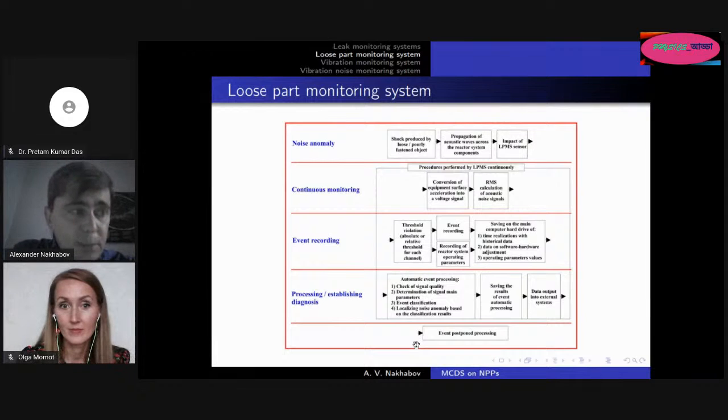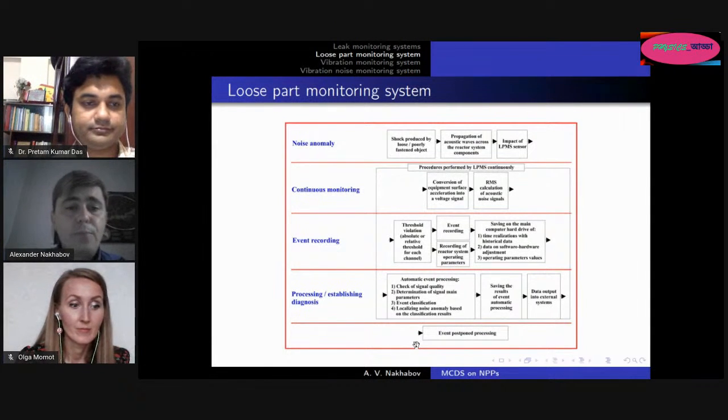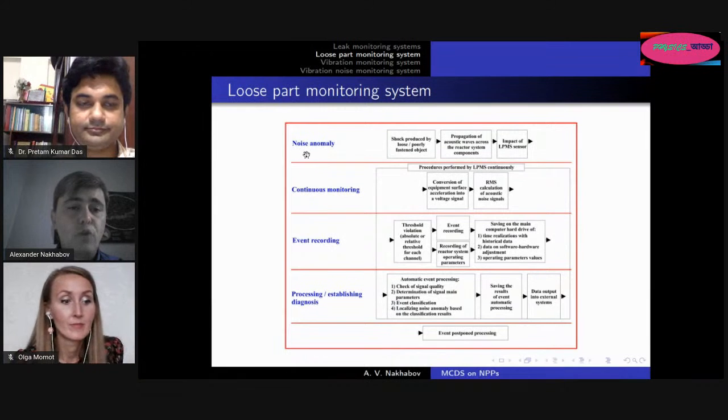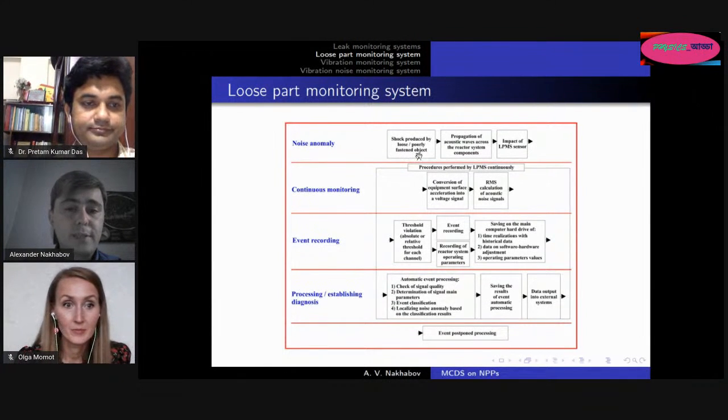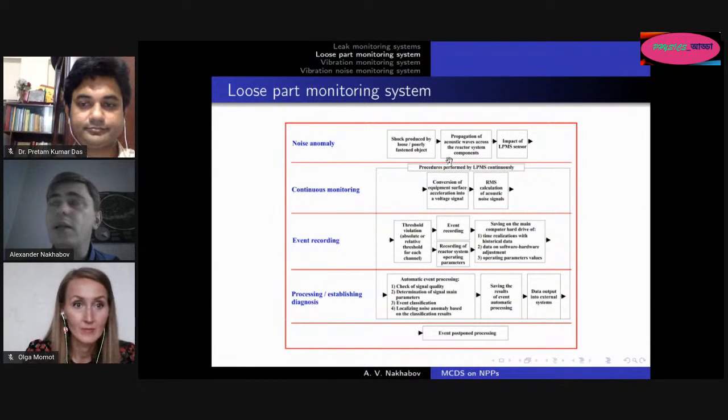So especially to find this kind of technical state, a loose part monitoring system is used. You see on this slide, first of all, noise anomaly, shock produced by a loose or poorly fastened object, as I said. It means we will see propagation of acoustic waves in metals, like in leakages in the primary circuit, when we speak about acoustic waves in the metal of pipelines.